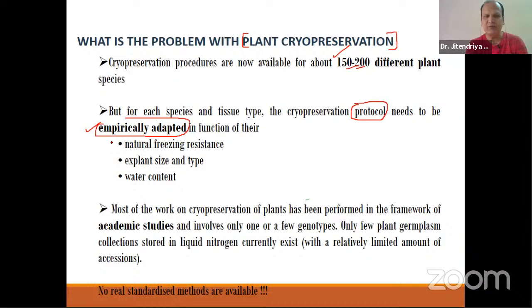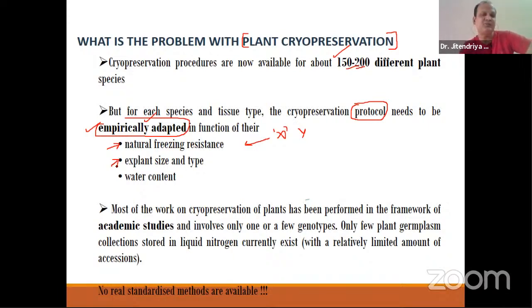Depending upon their natural freezing resistance, let us say you have taken species X, it requires a certain natural freezing resistance capacity. Y will be different. So accordingly, you have to standardize before going for that. Secondly, you have to be cautious about the explant size and the type of explant.